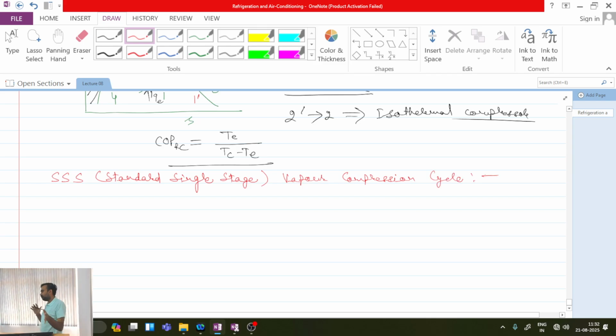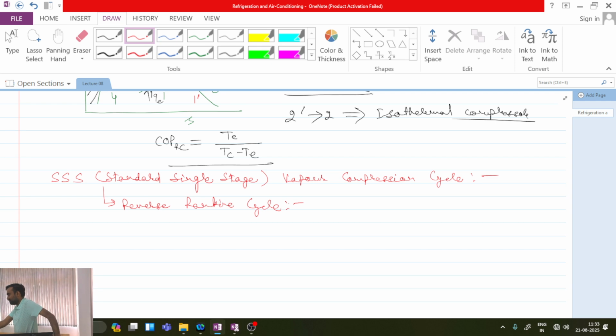So we will now move towards the standard single stage vapor compression cycle. Later on you will find that this cycle is nothing but the reverse of the Rankine cycle. So it is also called the reverse Rankine cycle. Another name we can give to this cycle is reverse Rankine cycle.